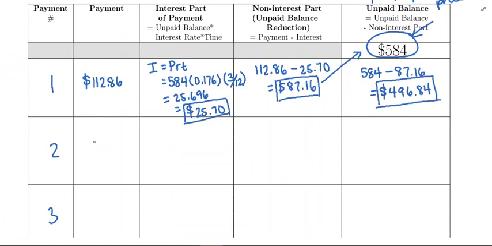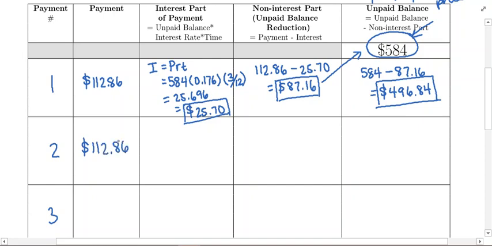Let's say the next 3 months pass, and it is time to make another $112.86 payment. We need to calculate how much interest has accrued since the last time we made a payment.